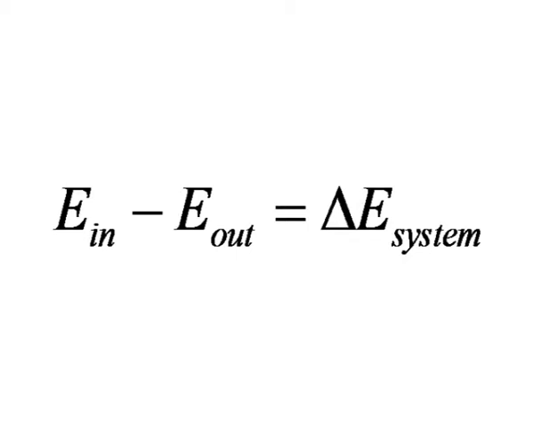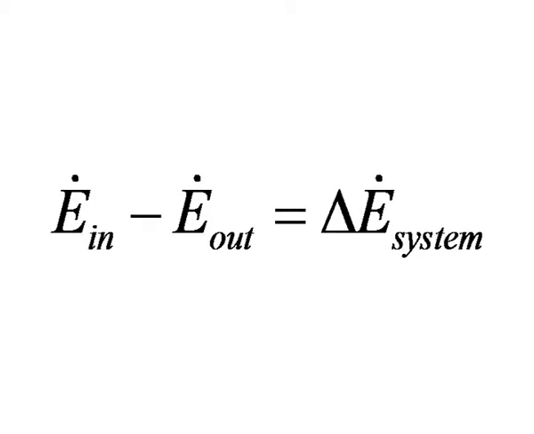In terms of formula, E in minus E out should be equal to delta E of the system. We can also write the energy balance per unit time as a rate expression: E dot in minus E dot out should be equal to delta E dot system.